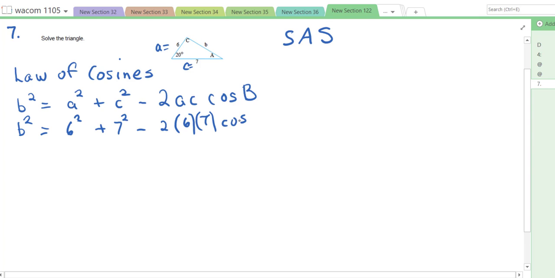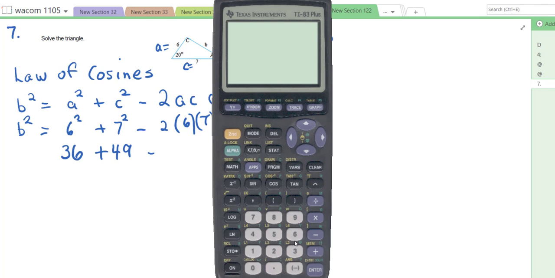And cosine of B. So we have 36 plus 49 minus, let's get some numbers here, 12 times 7, 84.